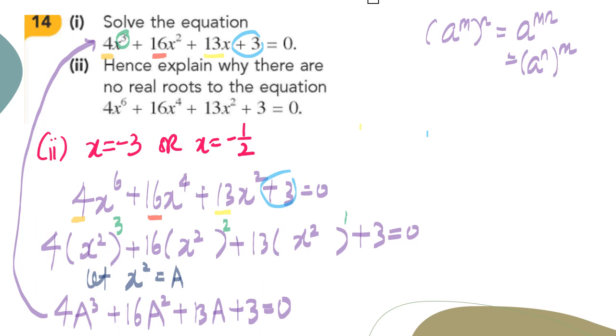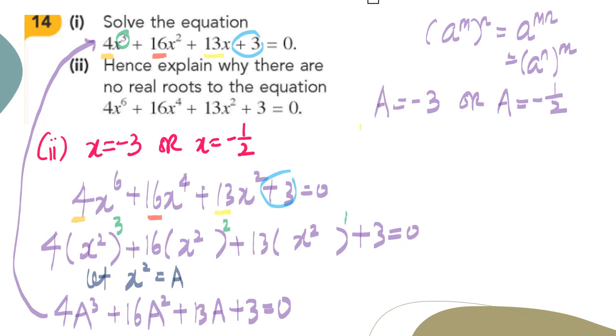And in Part 1, what are the answers that we got for x? The answers that we got for x would be the answers used for the variable a. So can we say that a equals negative 3, or a equals negative half?